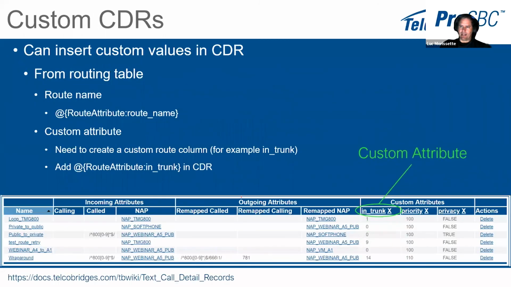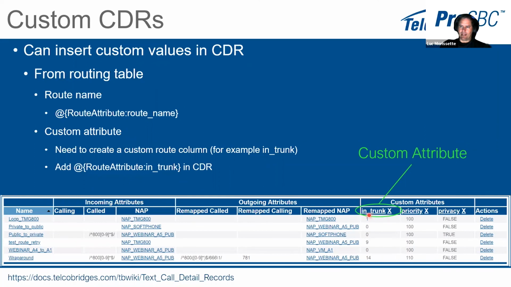I will show you other examples tomorrow. Other things you can do, and I mentioned that a little bit in the routing scripts, you can insert custom values in CDR. One thing you can do directly from the routing table is add a new custom attribute.